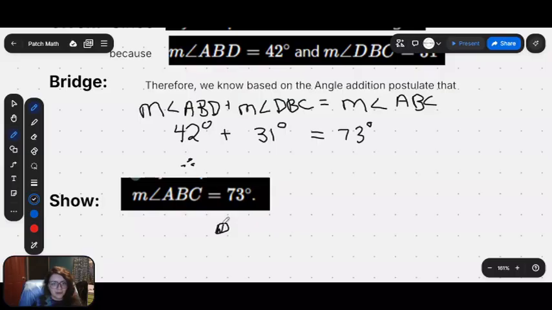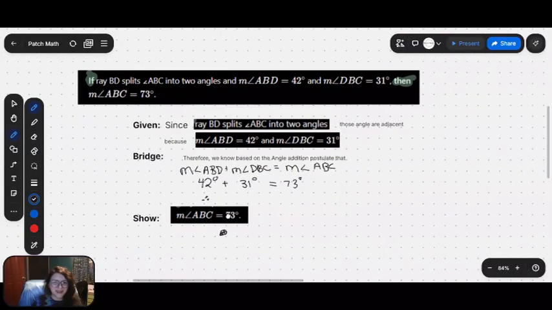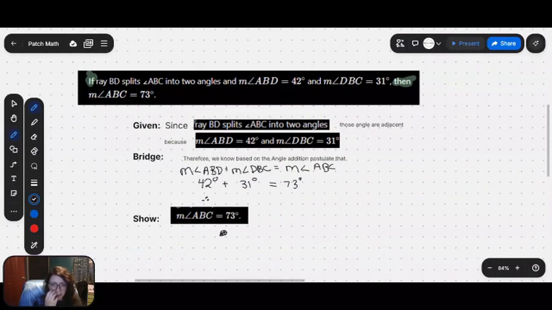And we are done. So what's super important here is that you're able to just outline what you're given, what your show is, and then name the math fact that bridges it. If you can do the work with that math fact that helps bridge the gap completely, that would be great.